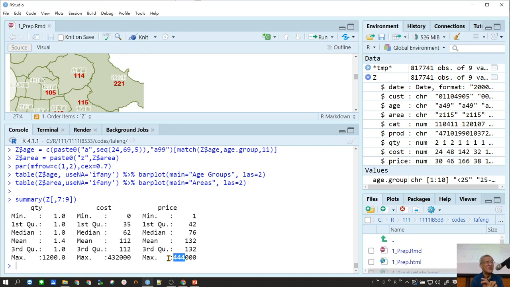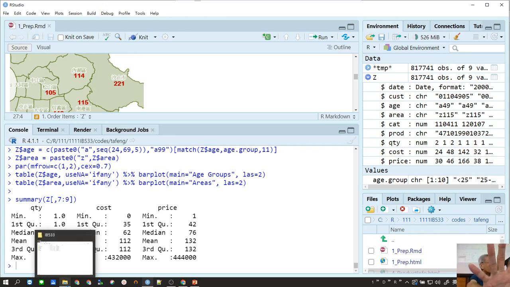So it's unreasonable that you are buying something in a quantity of 1,200 in a retail store, right? So this is not normal data. From time to time we want to exclude this data before we do further analysis.